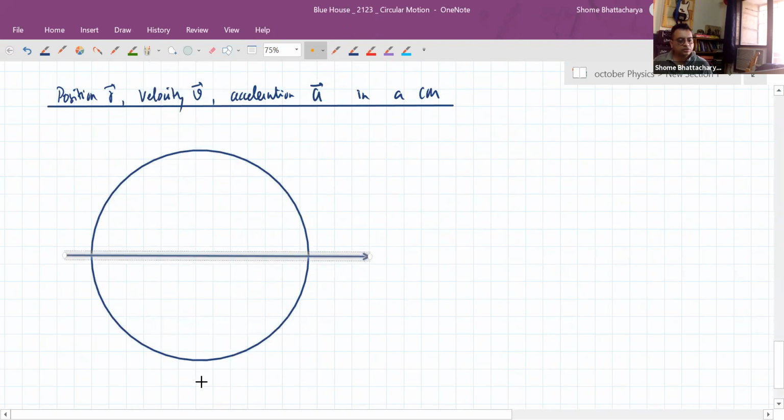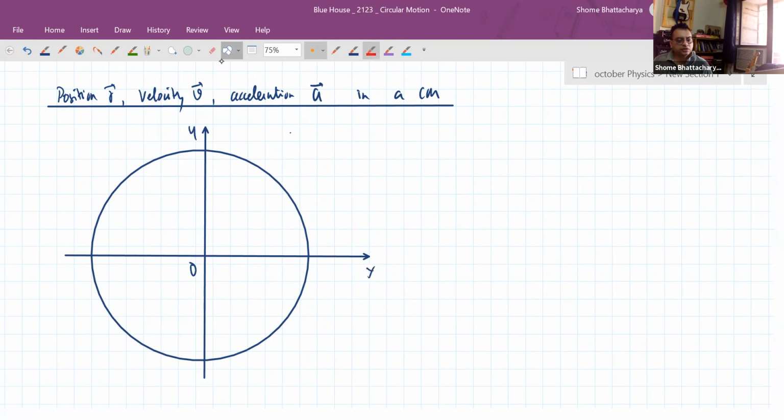So if at a certain instant of time the angular position of a particular particle in circular motion along this circle of radius r is theta, that means the position vector, or the line joining that particle with the origin, is itself making an angle theta with the x-axis.